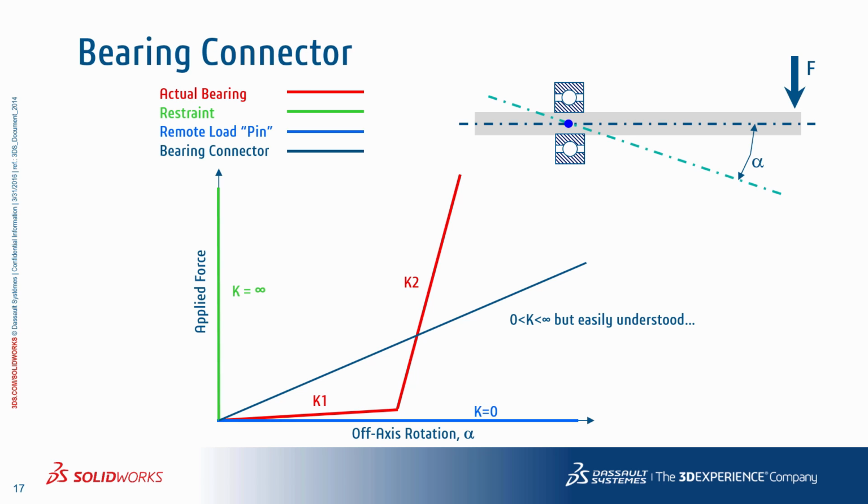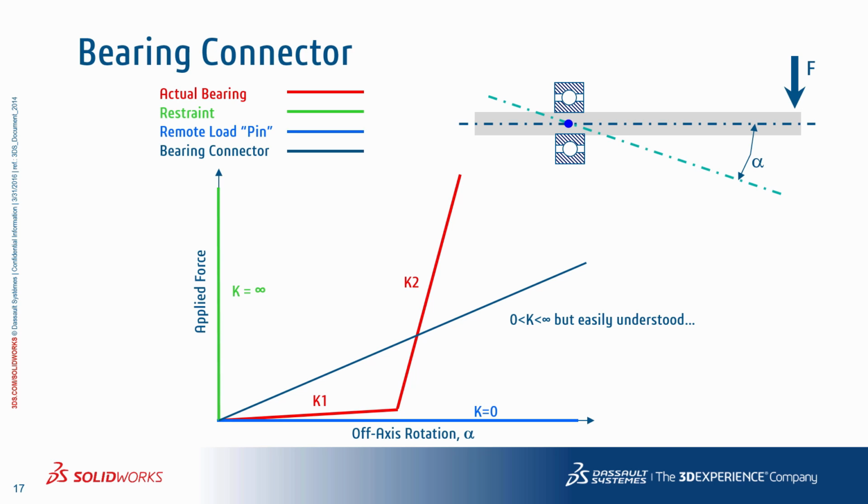On the other hand, you can use a remote load displacement option where the inner race surface is tied to a central point, and the central point can be restrained solely in translation so as to behave like a ball joint. And here the stiffness value is literally zero as shown by the blue horizontal line in the graph.